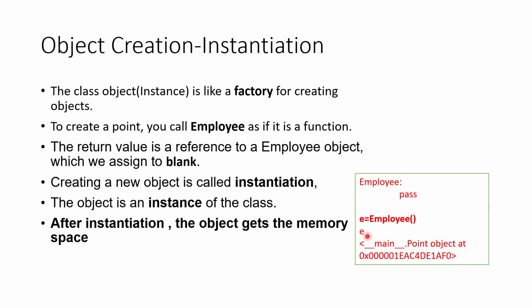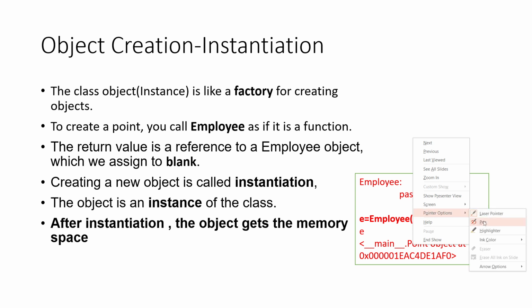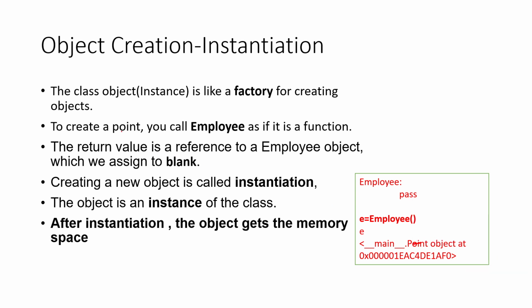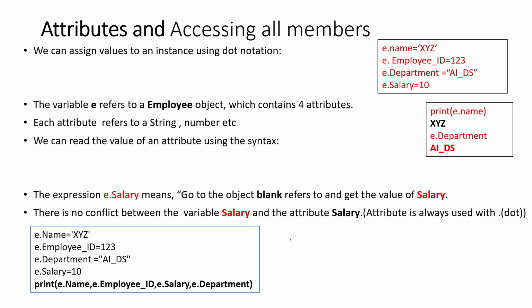When I try to print the value of E, that reference variable, some reference information will be displayed. After the instantiation, that object resides in the memory. The object gets the memory space. The class does not get anything. Only that object, the instance of the class, will get the memory space.